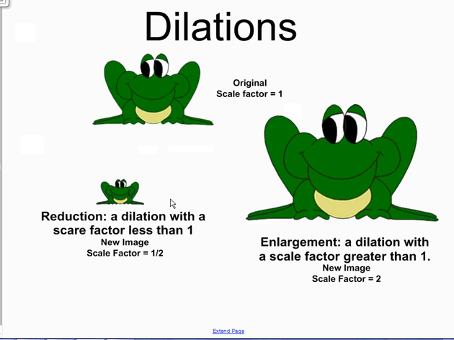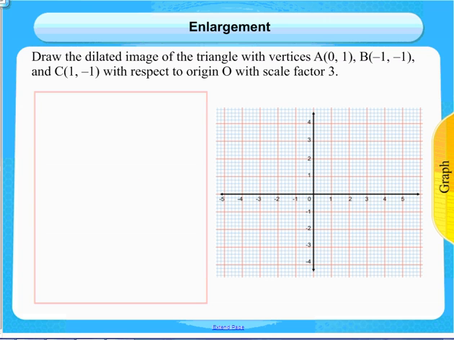All right? Okay, so let's do an example here. I have: draw a dilated image of a triangle with vertices 0, 1, negative 1, negative 1, and 1, negative 1, with respect to the origin O with a scale factor of 3. So I need to take my coordinate planes and I actually need to write out my images.